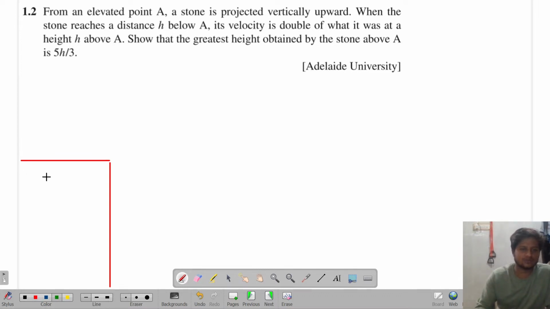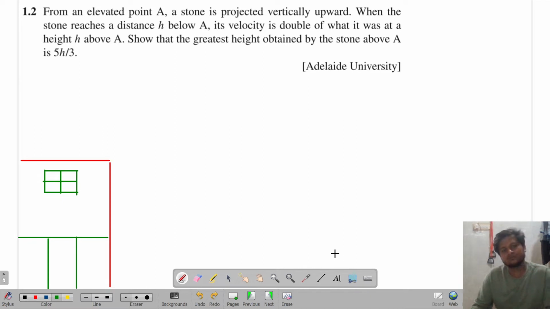I'll just draw some diagrams over there. Can you understand the question or not?